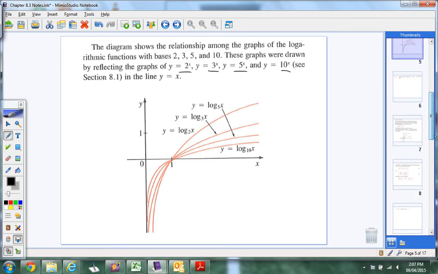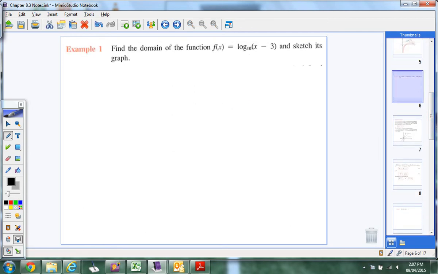All right, so example 1. Let's find the domain of the function f of x equals log base 10 of x minus 3. Domain still goes with x, so we want to look at what our x can be. Is there any restriction on what we can take the log of? We can't have 0 or negatives.